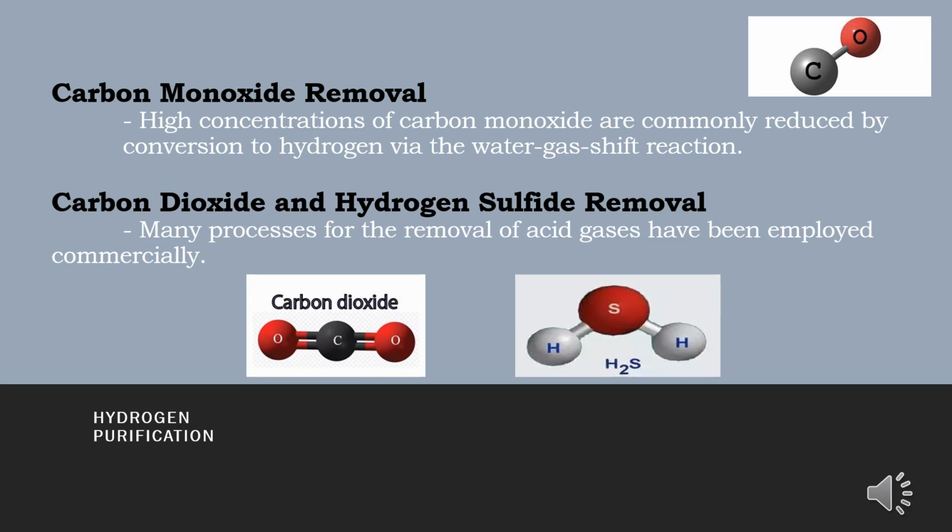It will be seen again in Figure 7.3 on the previous slide. Removal by scrubbing in a solution of complex copper ammonium salt has been used commercially. And for the next removal, we have the carbon dioxide and hydrogen sulfide removal. Many processes for the removal of the acid gases have been employed commercially.